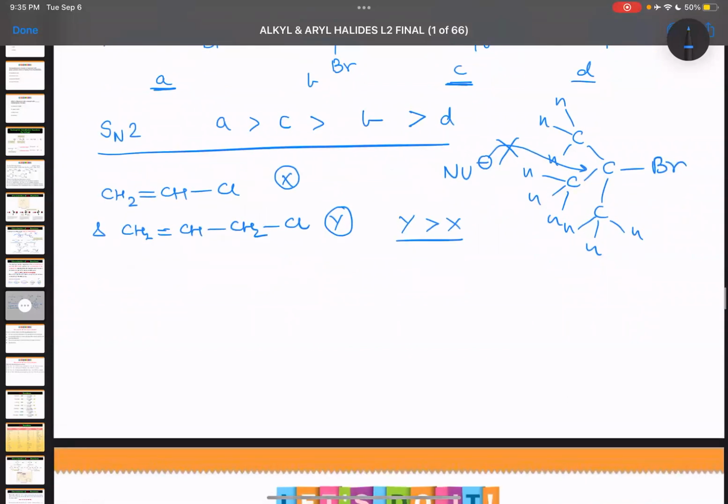So suppose we have this kind of thing, and you take aqueous KOH, where is the reaction going to happen, that you know.